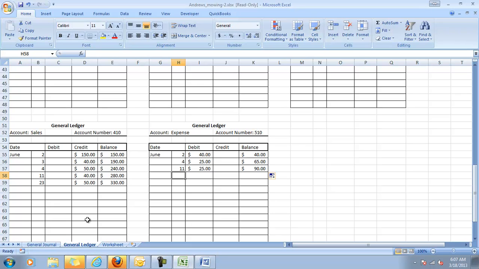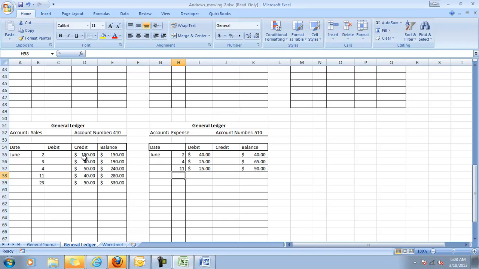Now that we have our general ledger finished, the next step is to transfer these balances to the worksheet. A couple things I should point out just to make sure you got these right. On your general ledger, make sure that your increase side is the proper side, that your normal balance is the proper side. All these should be positive numbers.